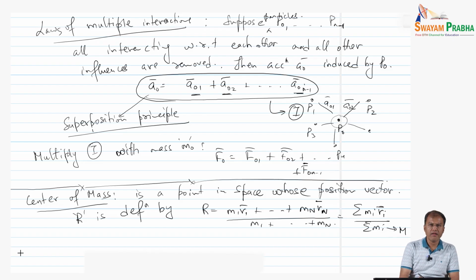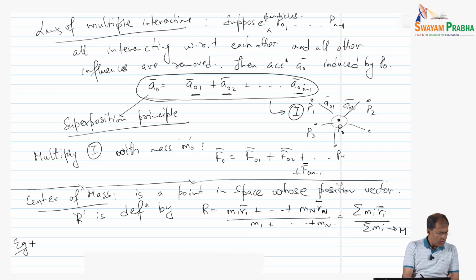Well, a quick example is, suppose all the interacting masses are equal, then the formula for center of mass will not contain any mass. Let us see this issue through one example.